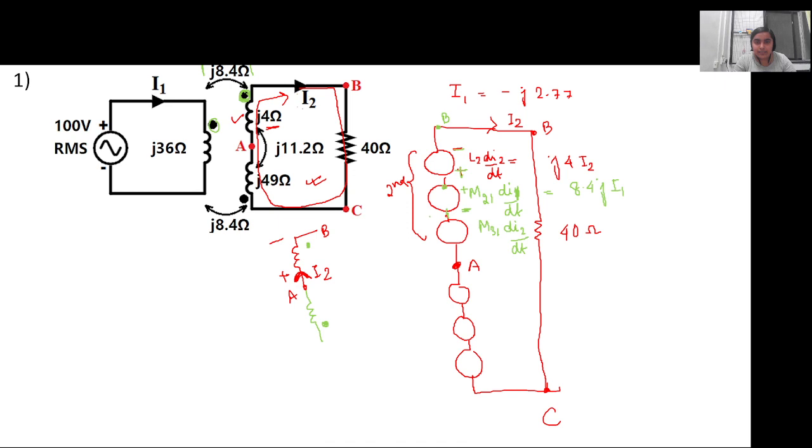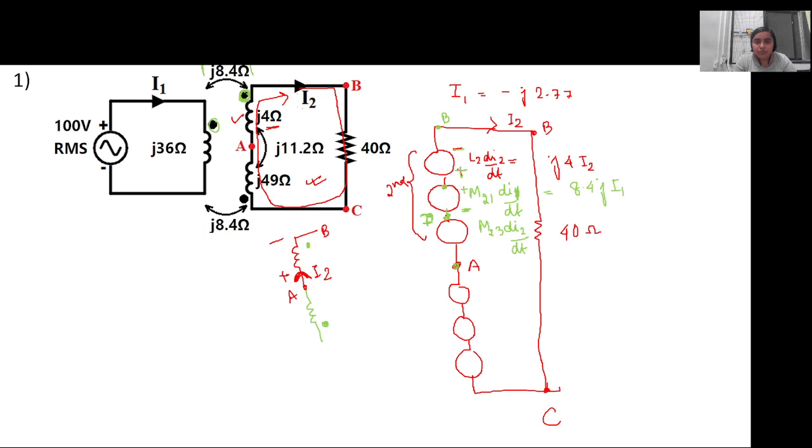Let's consider this is point C, and this is point D. Madam, third voltage M31, I think it should be M23. Yes, it is 2 3. I'll rub it off. Yes, it is di2 due to the third coil.